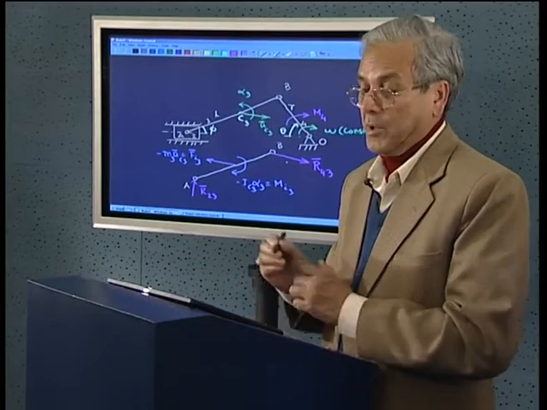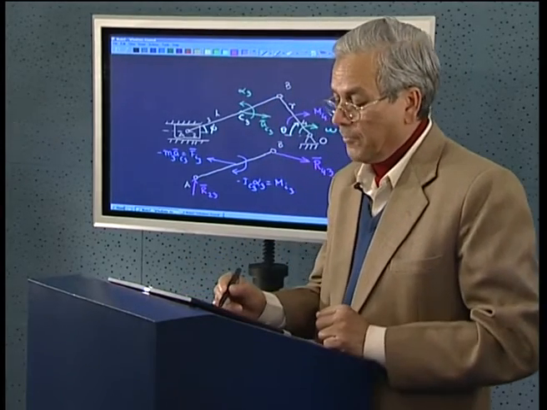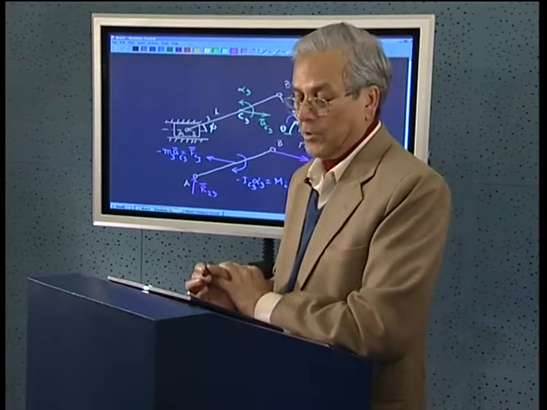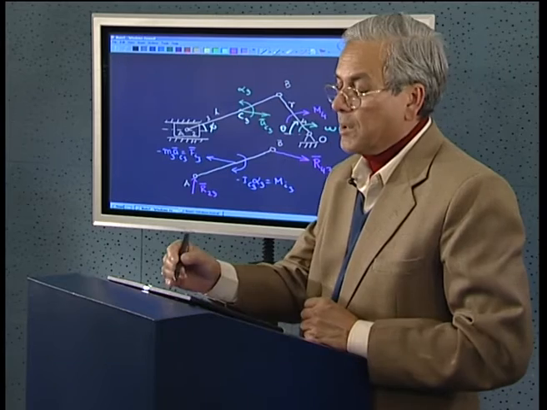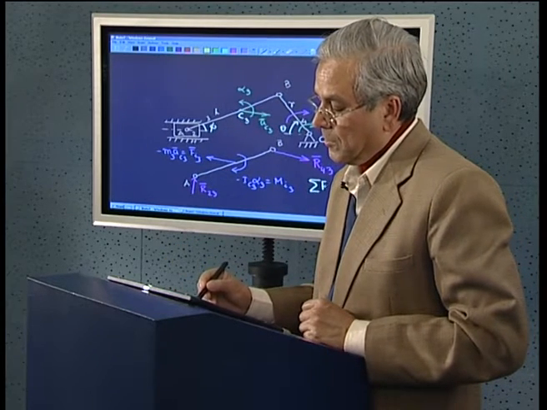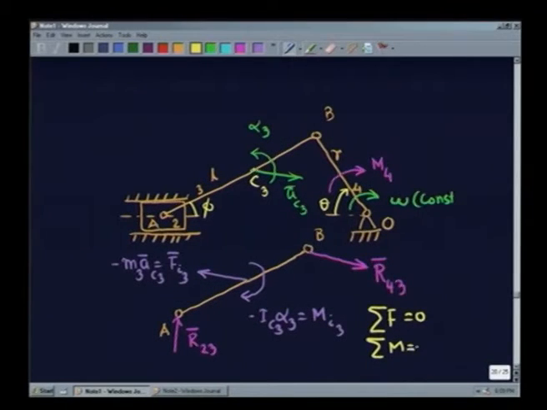We do not know these forces, but these reaction forces, this inertia force and this inertia moment will keep the system in static equilibrium. That means for this system the total force will be 0 and the total moment will be 0.